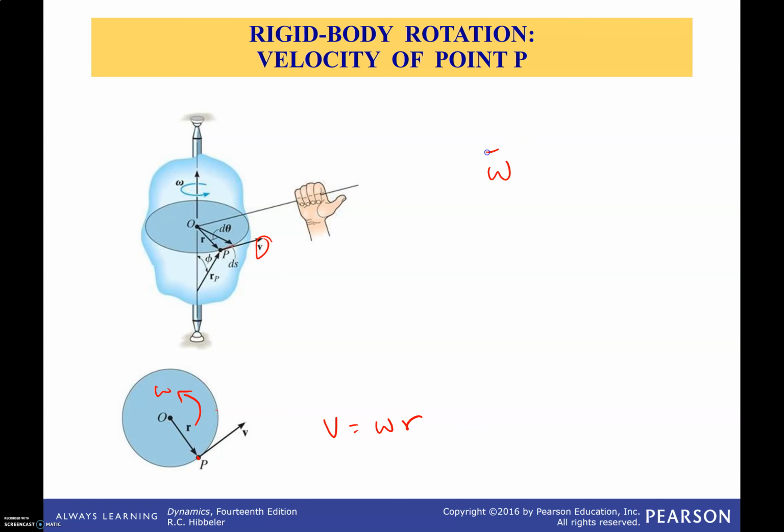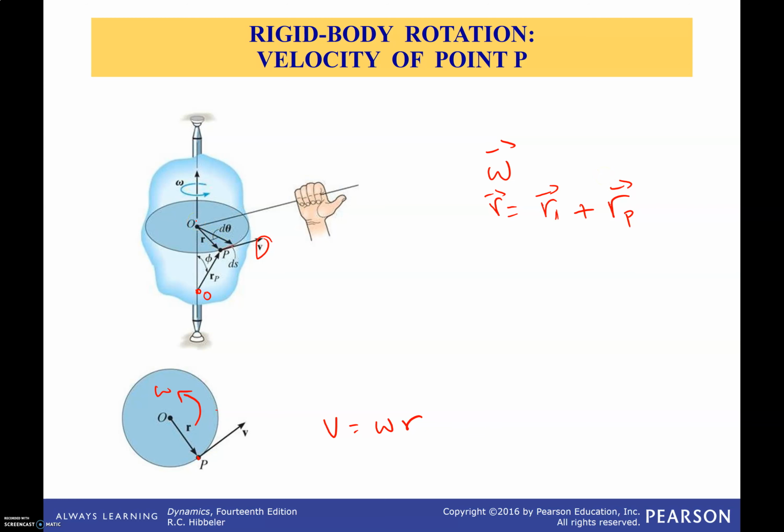And the position vector of this point P, with this origin where you're setting your coordinate system, is going to be r equal to this vector here that we're going to call r parallel, a vector along the axis of rotation, plus a vector here that I'm going to call rP.